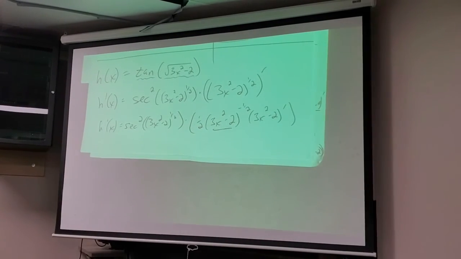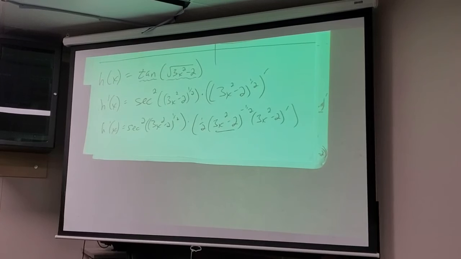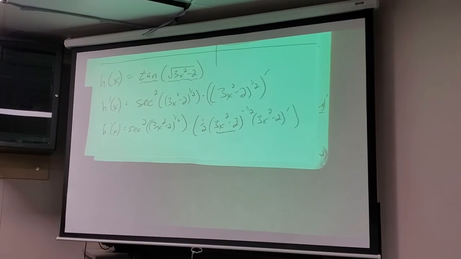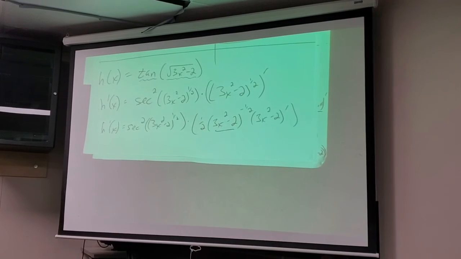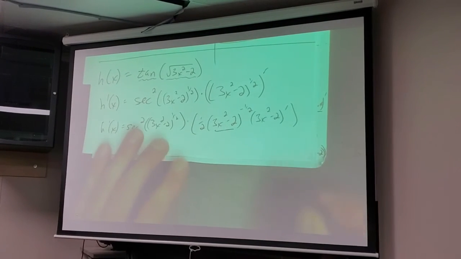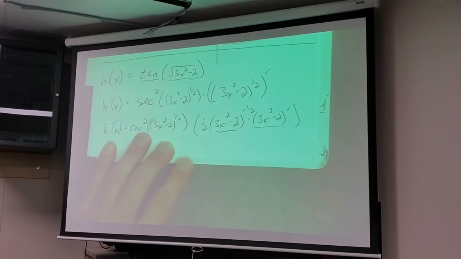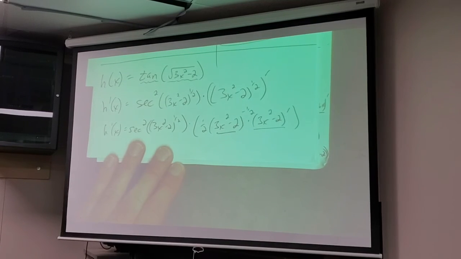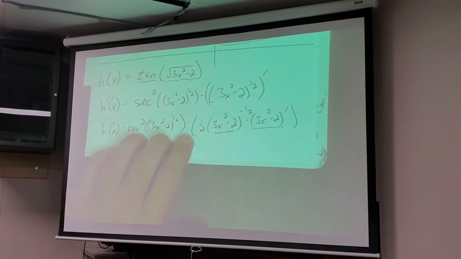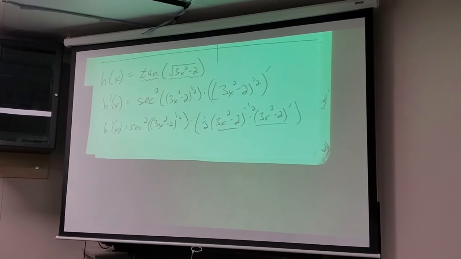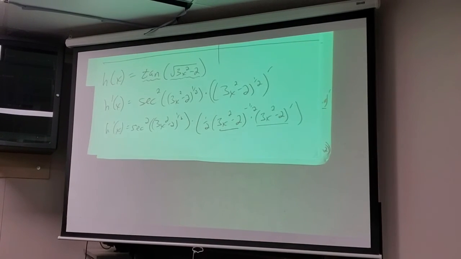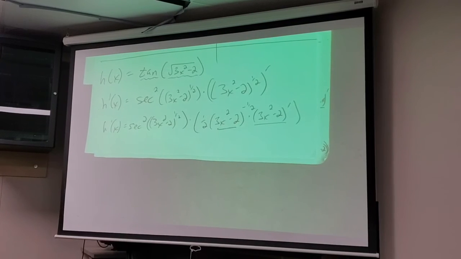Couldn't you put the derivative of 3x squared minus 2 after you do the derivative of the inside to the half? Like, could you put multiplication after, after the first step? Yes, but people that do that are the ones that have extra links. You have to trust me on this.